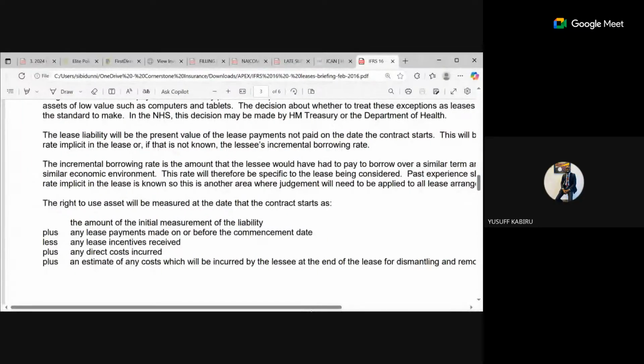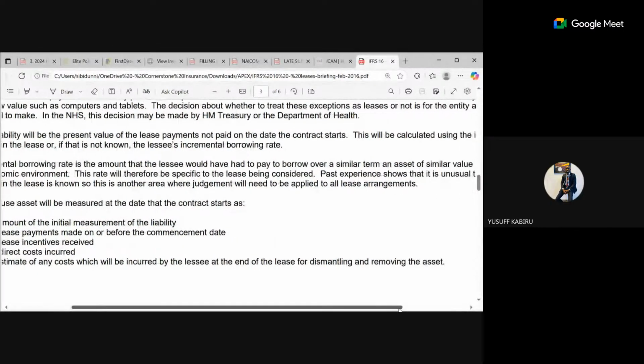The right-of-use asset will be measured at the date that the contract starts as, one, the amount of the initial measurement of the liability, plus any lease payments made on or before the commencement date, less any lease incentives received, plus any direct costs incurred, and lastly, plus an estimate of any costs which will be incurred by the lessee at the end of the lease for dismantling and removing the asset.